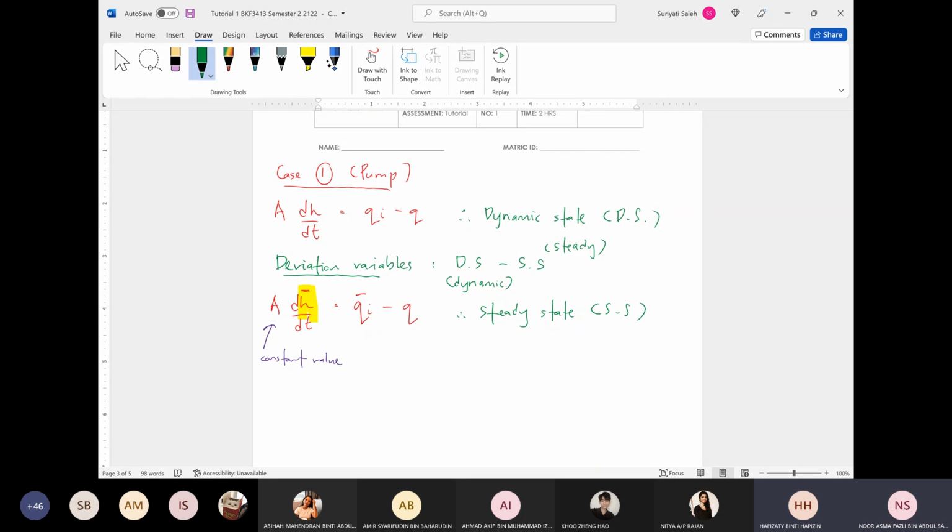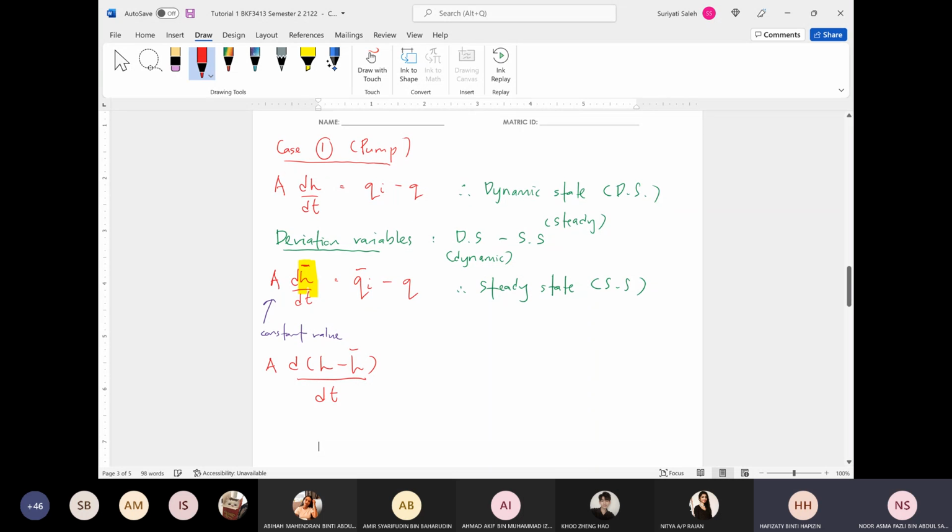So normally we just subtract term by term, where in this case, normally the A will form in the form of this. So we just follow the same form.